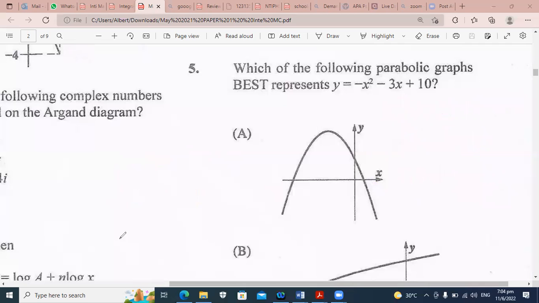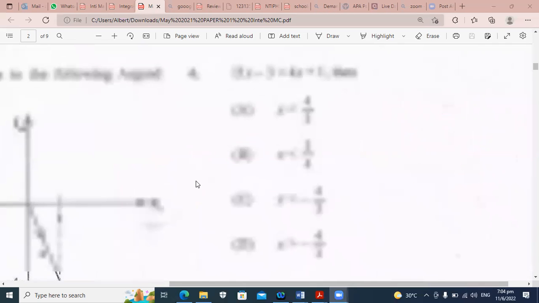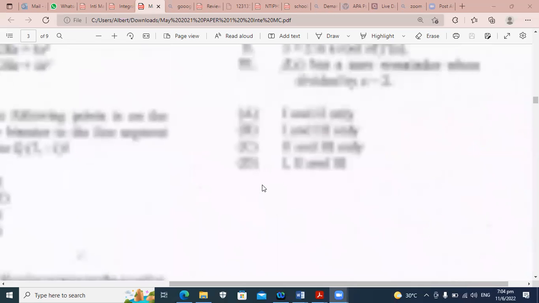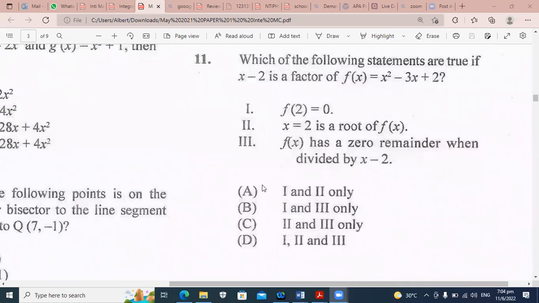All right, let's go down now to this question. What this is saying is, if I put 2 into this and it is a root, I must get 0, correct? So all of them are true.